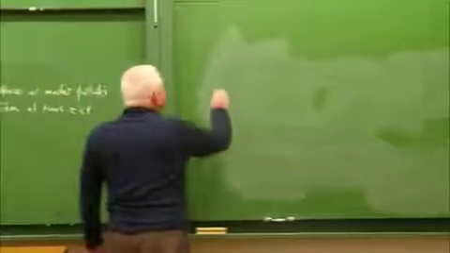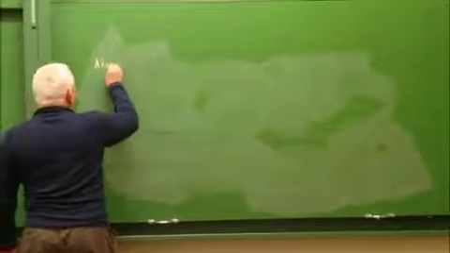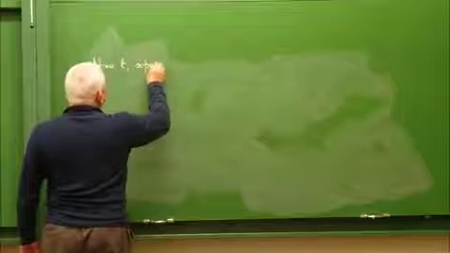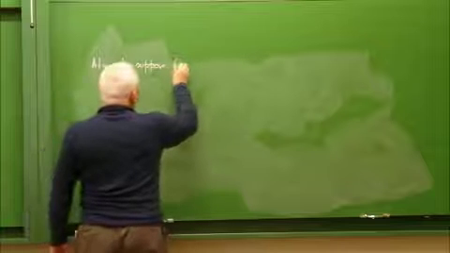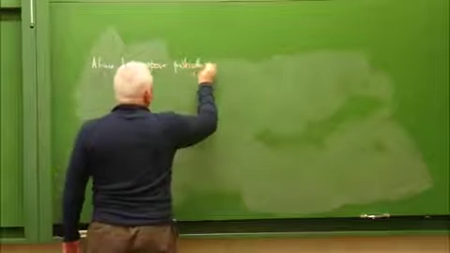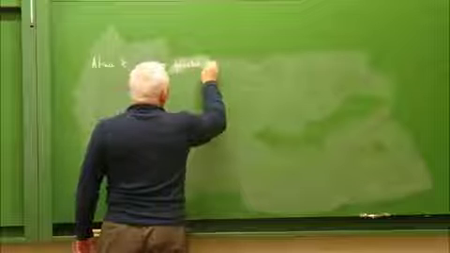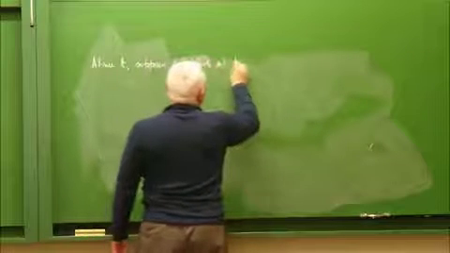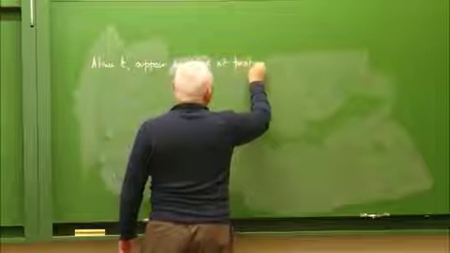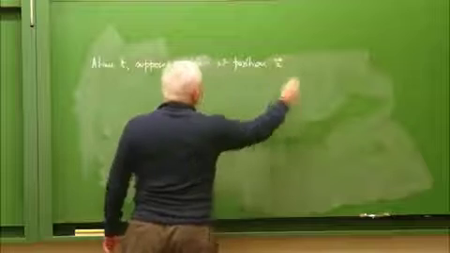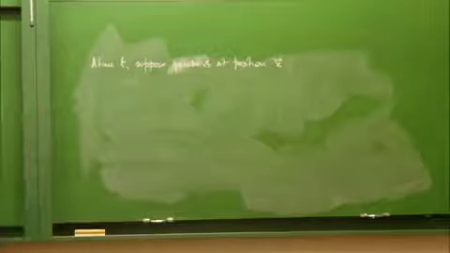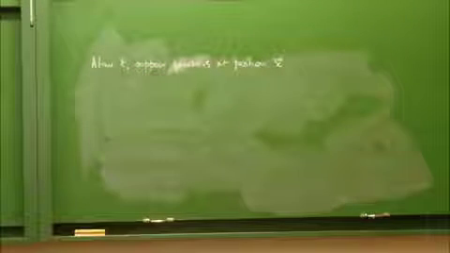velocity. So at time t, suppose the fluid point is at position x. Where will it be at time t plus delta t?